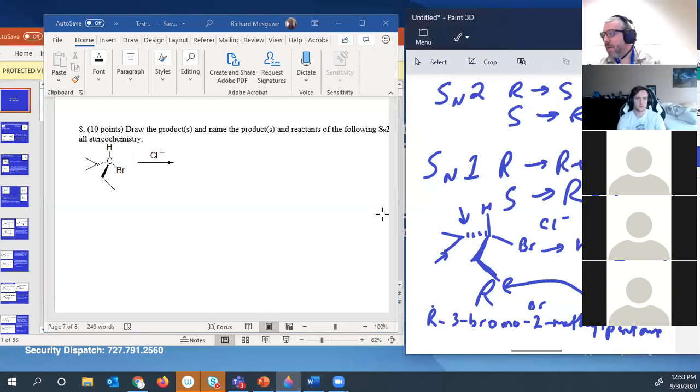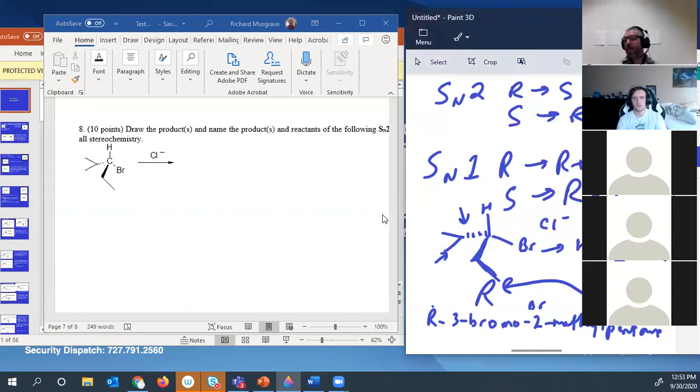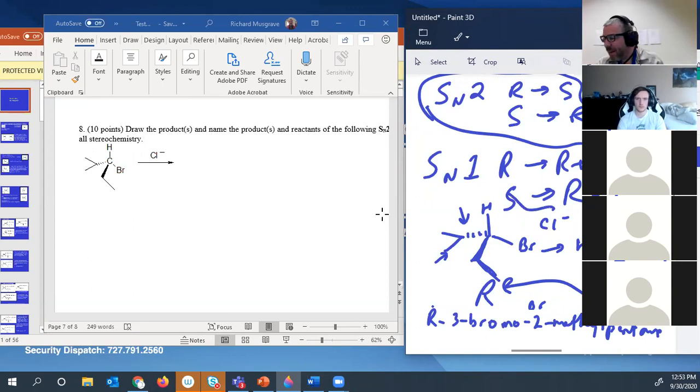Why do we know that? Because I said so. In the question, or you said so right now? Right now. Do you see this? Okay. I'm circling it right now. See this? Well, but what happens in reality? Is this what happens to the actual molecule? Well, no. What happens in reality is the Cl comes in from the back and kicks out the Br from the front.